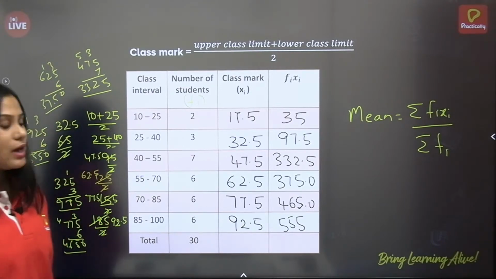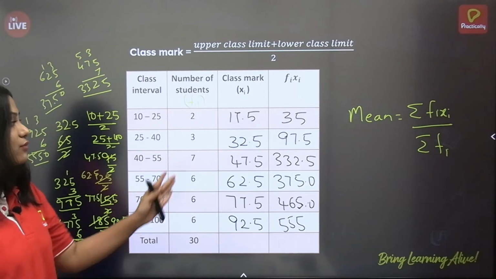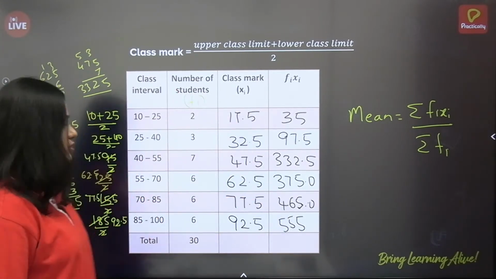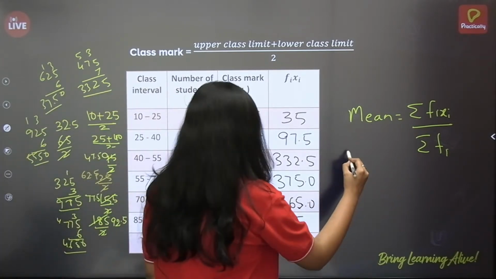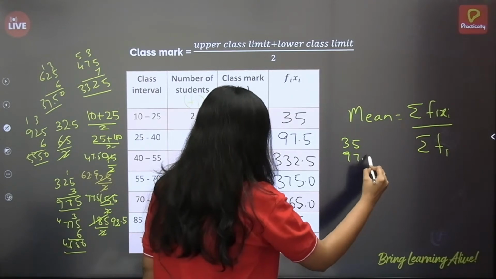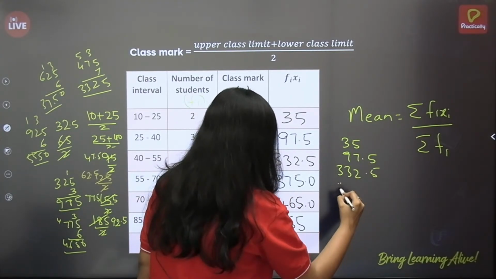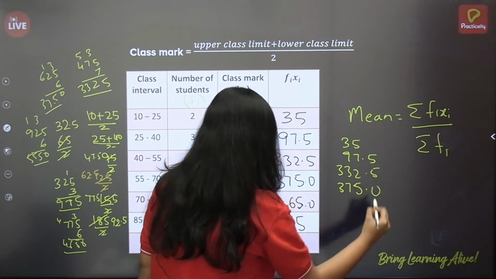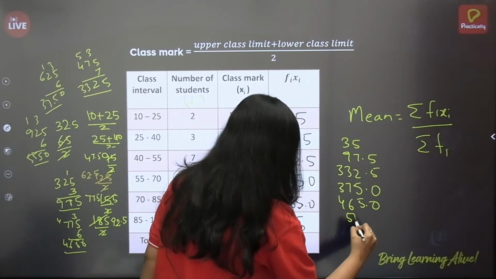Good. Now what do we have to do? We know fi xi, right? So now we have to find sigma fi xi. So let us do it. So it is 35, 97.5, 332.5, 375.0, 465 and 555.